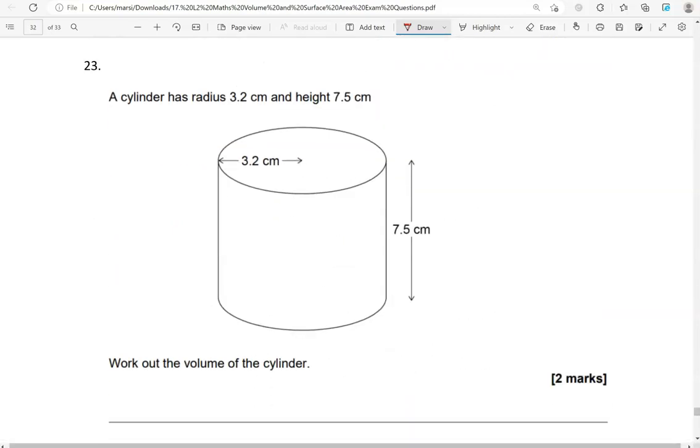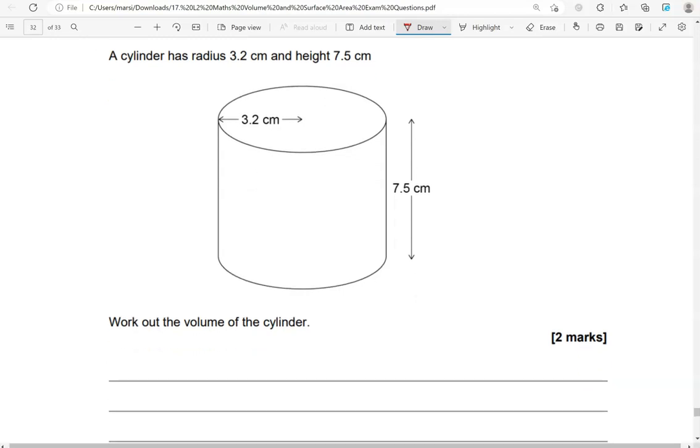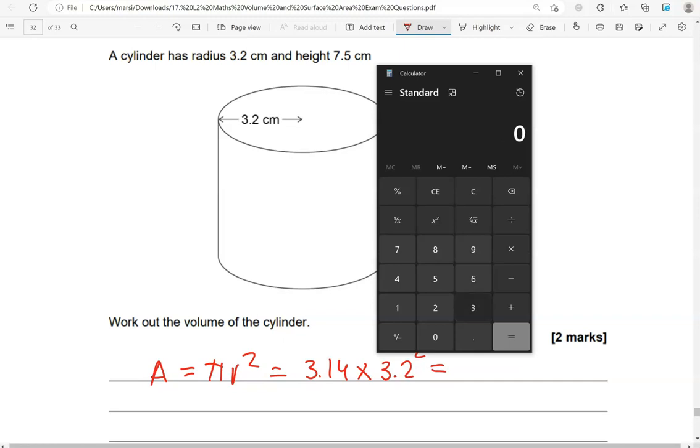A cylinder has radius 3.2 centimeters and height 7.5 centimeters. Work out the volume of the cylinder. So area of the base first, which is pi r squared. So pi 3.14 times the radius, which is 3.2, squared. So 3.14 times 3.2 times 3.2 gives us 32.1536.